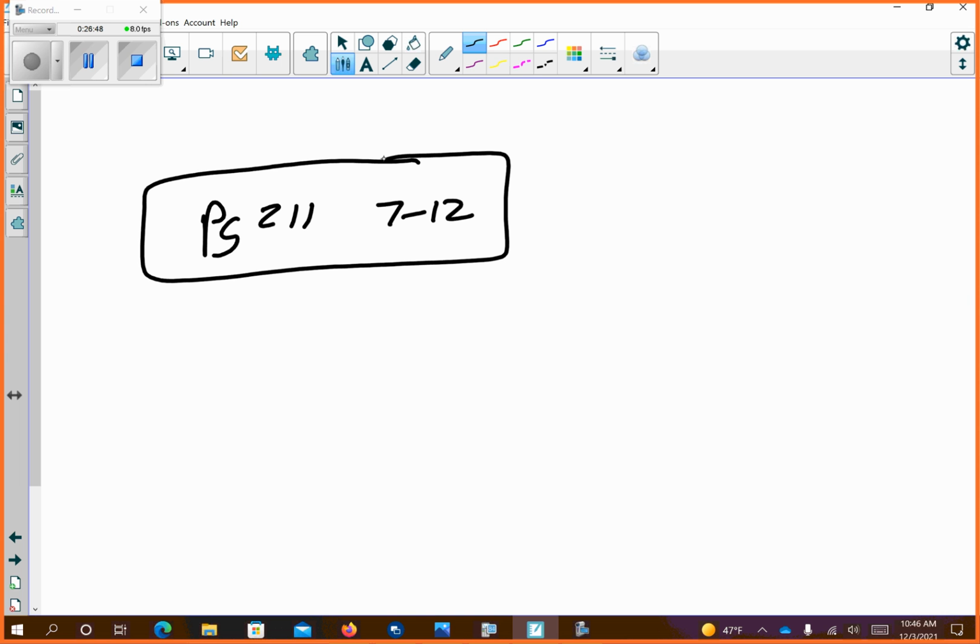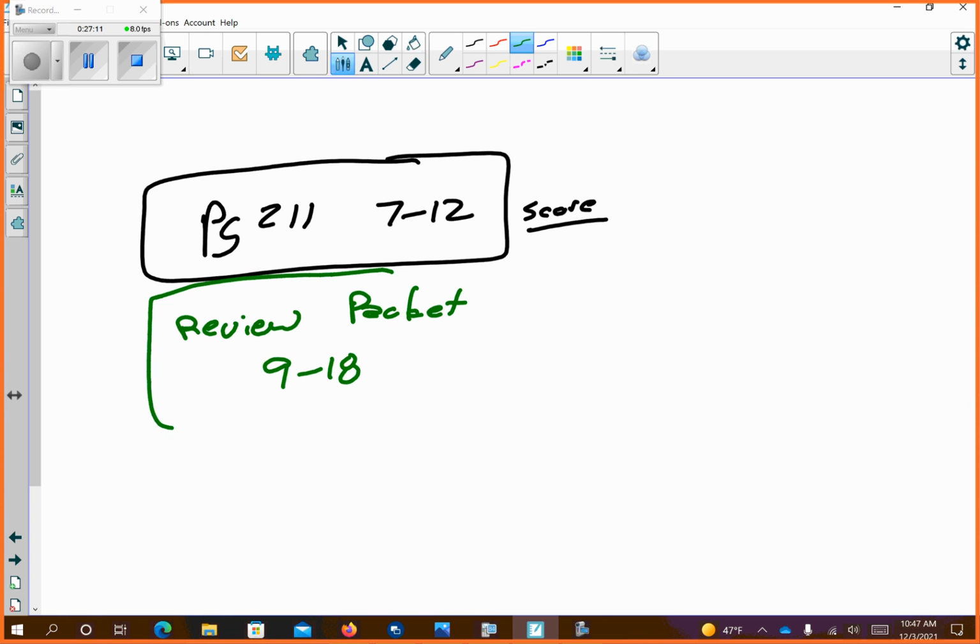So that's the continuation of last night's homework, right? So this will be checked. This will be for a score. So make sure you have that done. And then I think off the review packet, we should look to have 9 through 18. That's what we'll have time to go over.